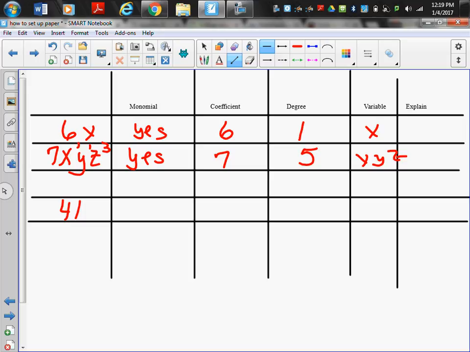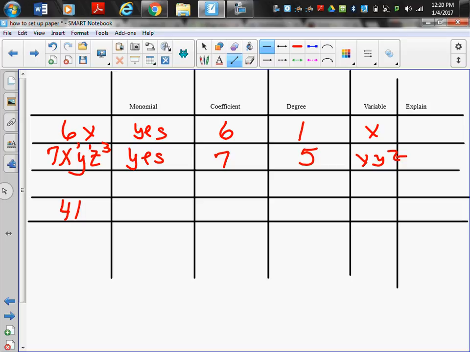How could I write it with a variable so that it would always be true, no matter what my x is? It has to equal 41 no matter what variable I put. X raised to the 0 power. Anything raised to the 0 power is always 1.